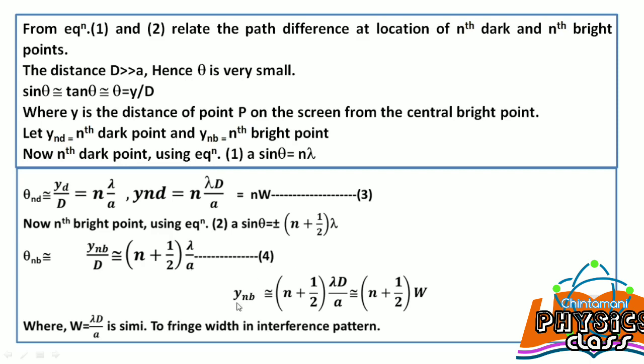After that, y_nb is nearly equal to (n plus 1/2) lambda D divided by a, which is equal to (n plus 1/2) W. Here capital W is equal to lambda D divided by a, similar to the fringe width in the interference pattern. According to this relation, the width is directly proportional to the wavelength.